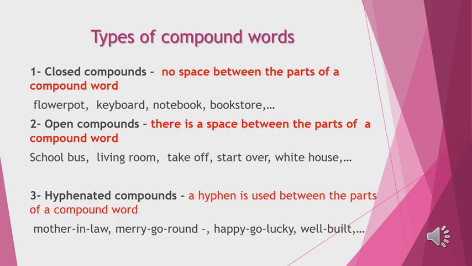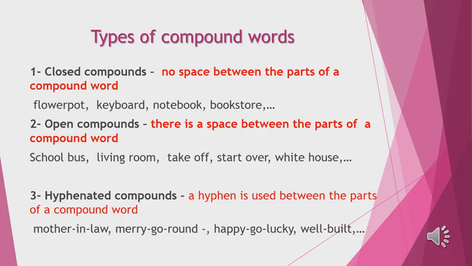In the third type of compound words, there is a hyphen between the parts of a compound word. That is why they are called hyphenated compounds. We have some examples like mother-in-law, mother hyphen in hyphen law. This is a compound word and it is a hyphenated compound because we have a hyphen between each part of this compound word.